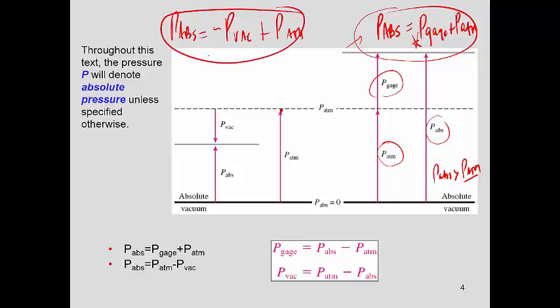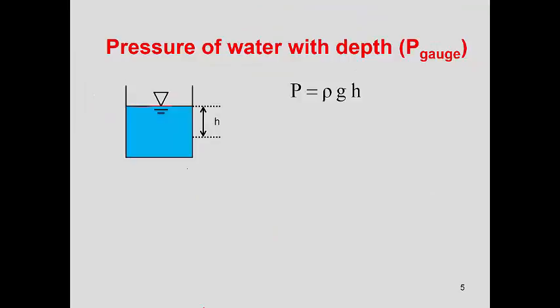And so now it's this equation here. So all you have to remember is that vacuum pressure is a negative pressure, because it'll be less than atmospheric. I hope that quick description helps.